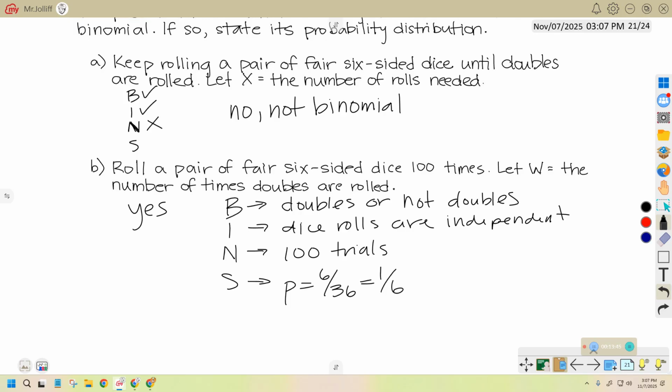Could be 1 and 1, 2 and 2, 3 and 3, 4 and 4, 5 and 5, 6 and 6. So I get those diagonals, 6 diagonals. So 6 out of 36, or 1/6. And it's going to be the same every time I roll the dice because the dice don't care what happened on my last roll. Perfect.